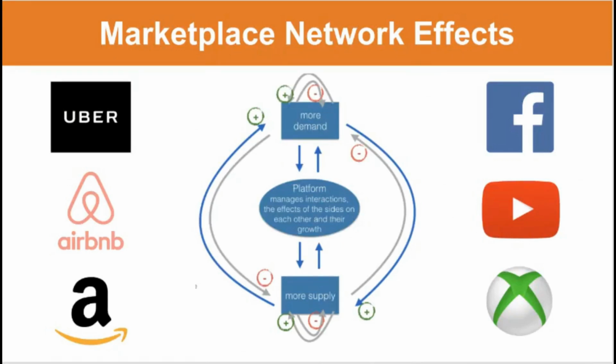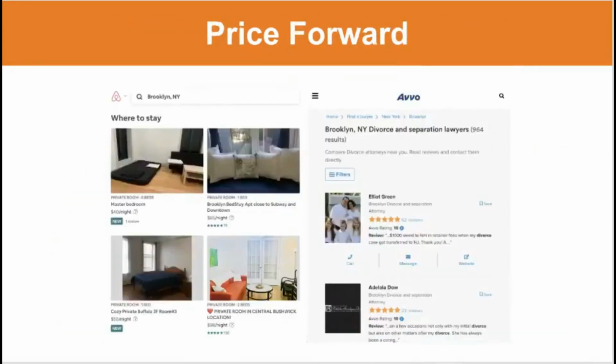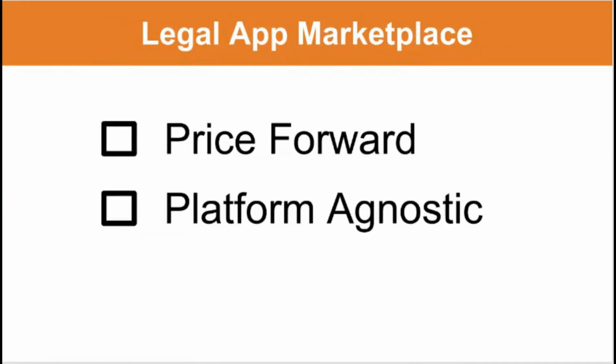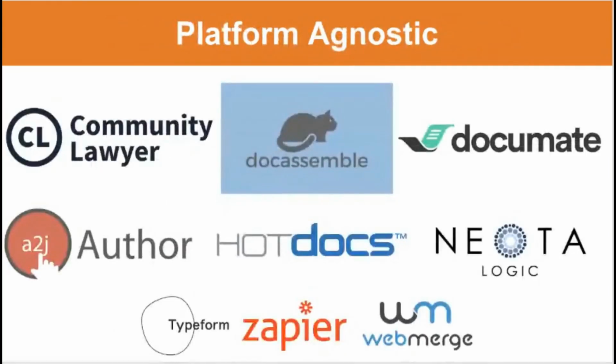So it's majorly important to have everything on the platform have a price tag, or at least a best estimate or range of what price forward. Second thing, platform agnostic. This is a difficult one, especially when I'm getting the incentives of the platform right. So here, we've got our Docassemble native apps, our different app builders, all these different apps.